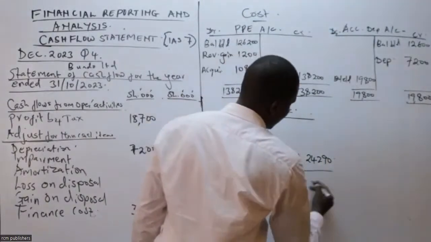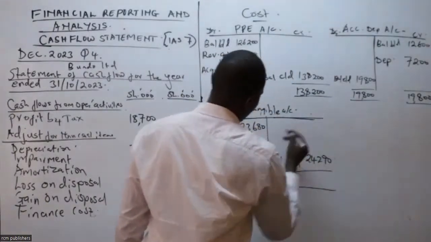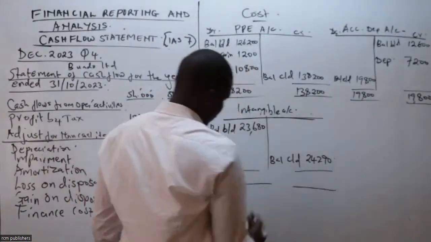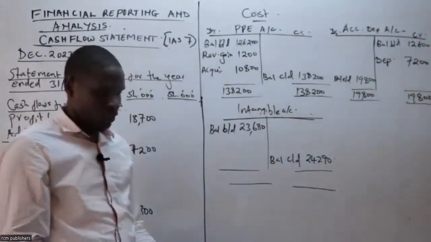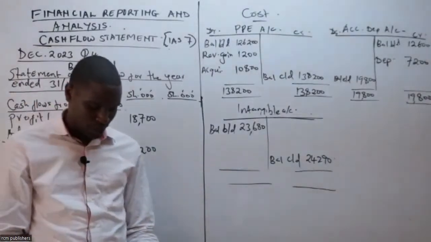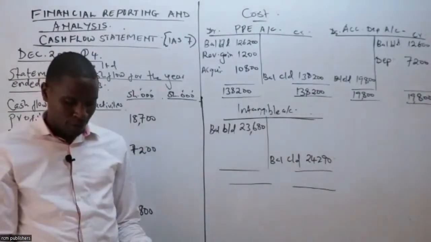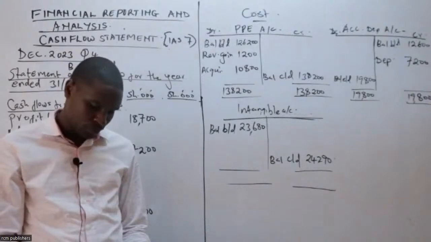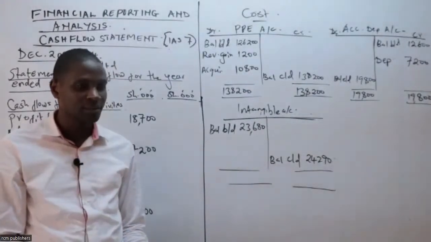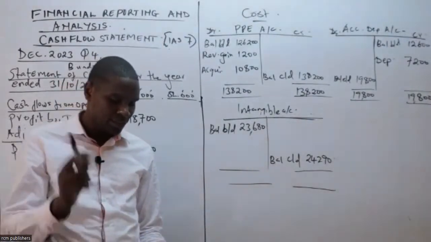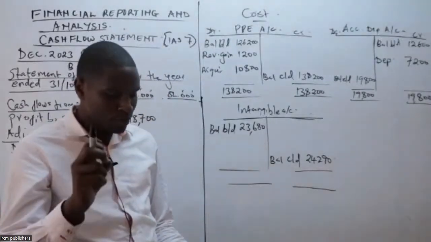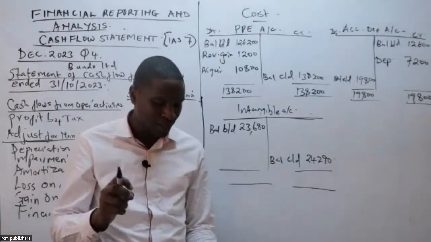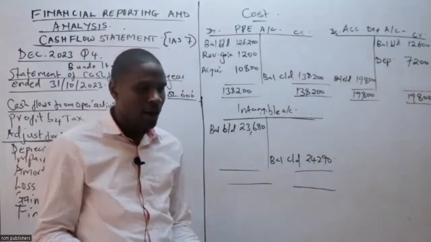But we were told that during the year something happened. I wish somebody can pick it very fast and tell us what happened during the year. From statement number 2, during the year ended 1st October 2023, Budo Limited acquired some patents at the cost of 5 million.